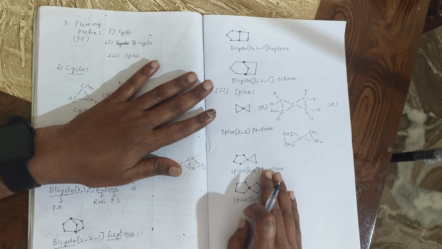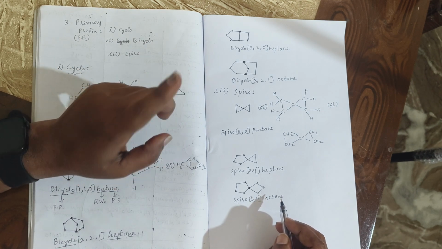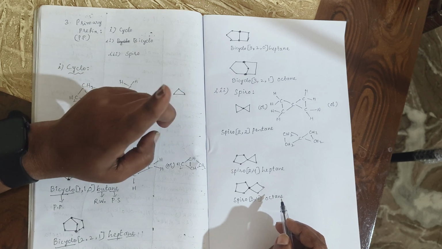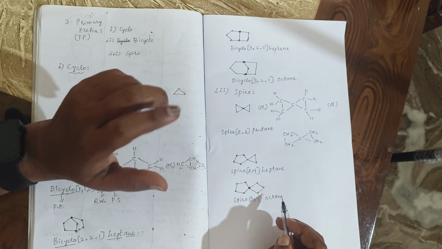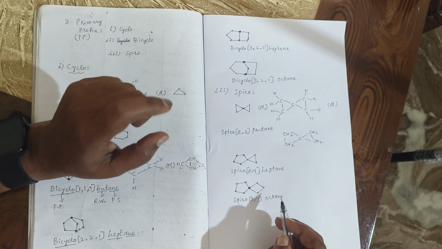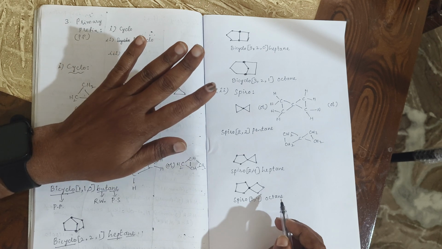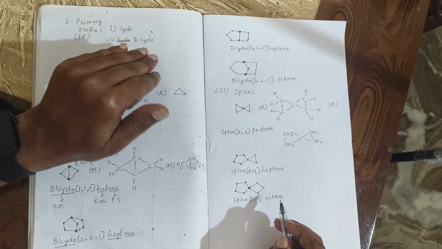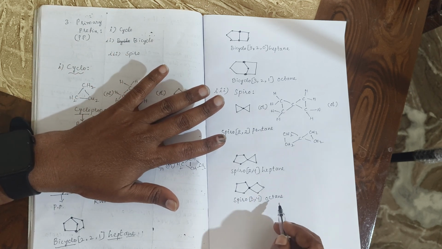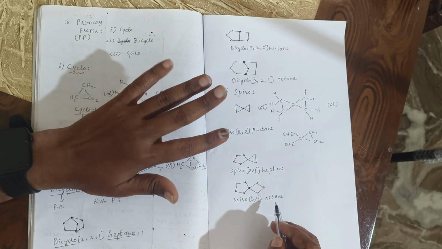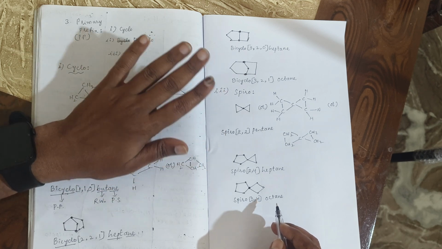The second part of IUPAC nomenclature is the primary suffix: ane for alkanes, ene for alkenes, yne for alkynes. Under primary prefix, we generally use cyclo, bicyclo, and spiro. Till this point, we have completed three parts for writing the name of organic compounds. Thank you very much.